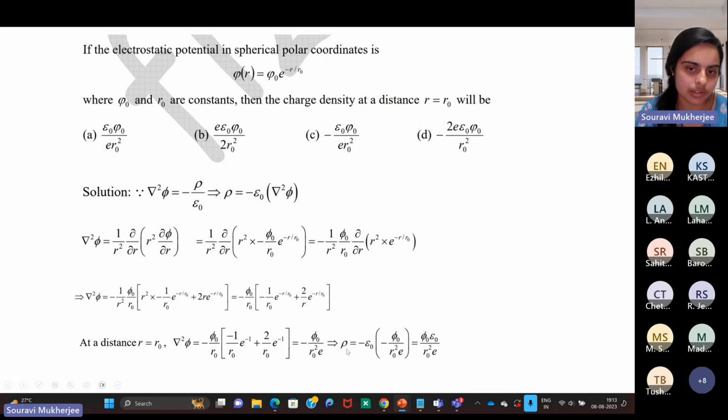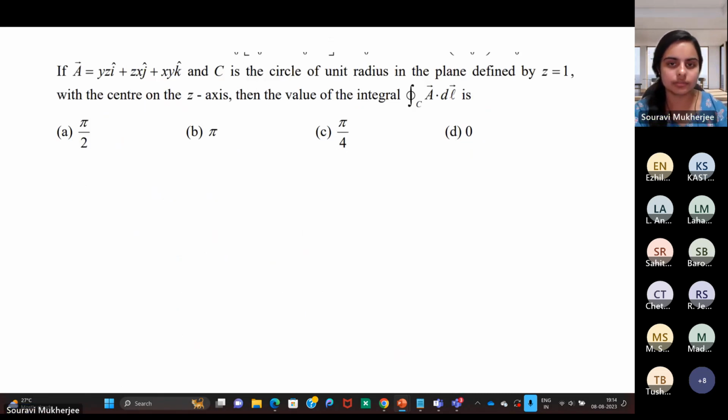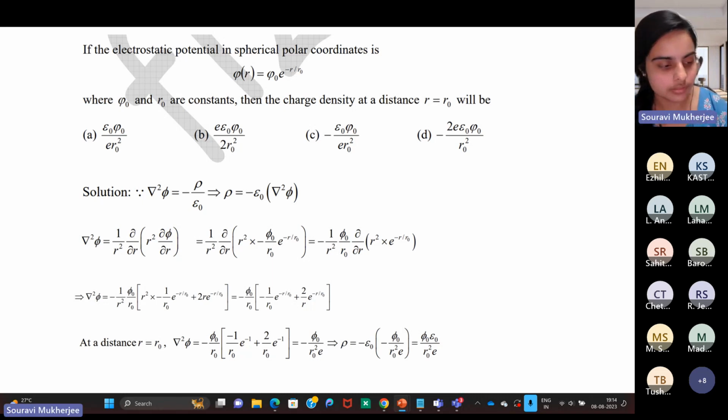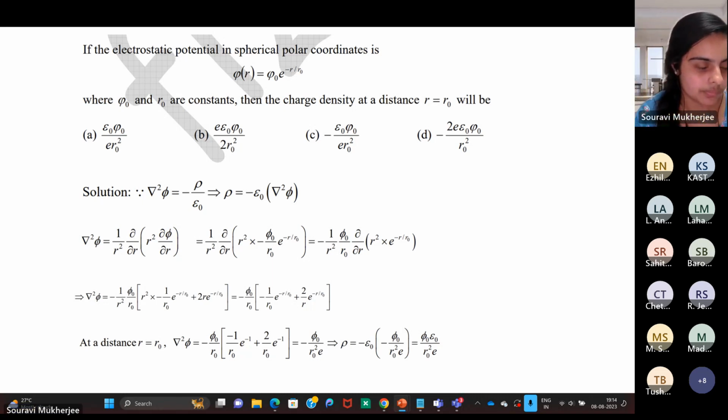Right? And so then you use this relation to find the surface charge density, volume charge density. Clear, right? Clear to everyone? I'll consider that it's clear.